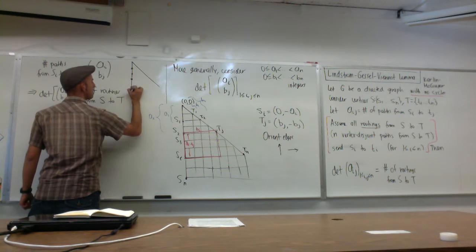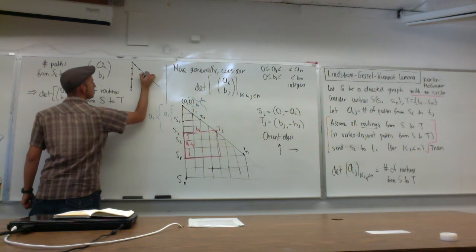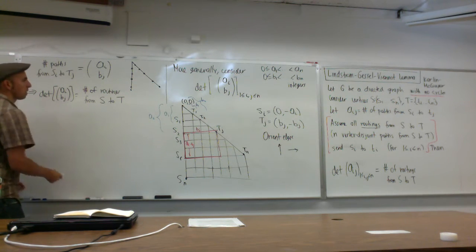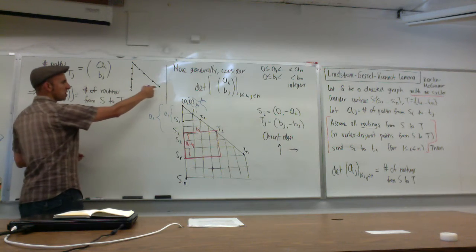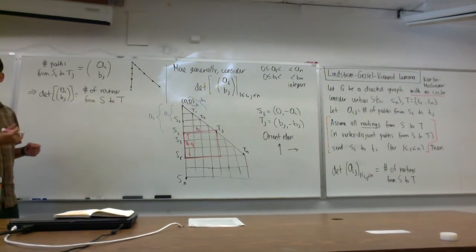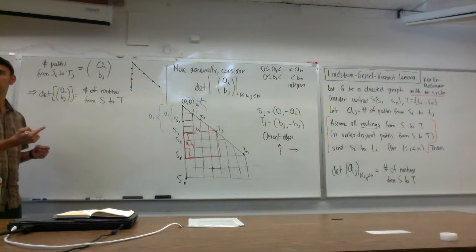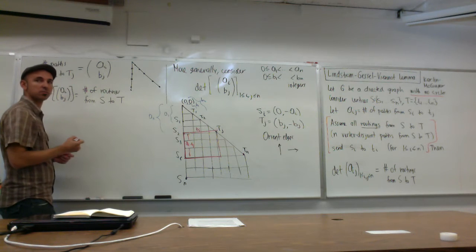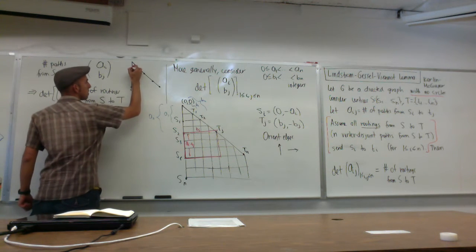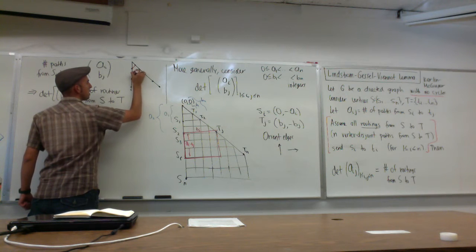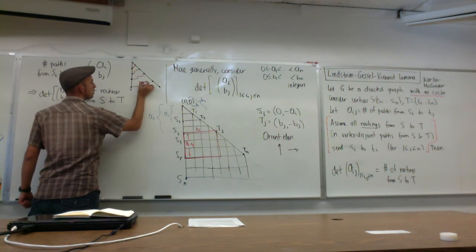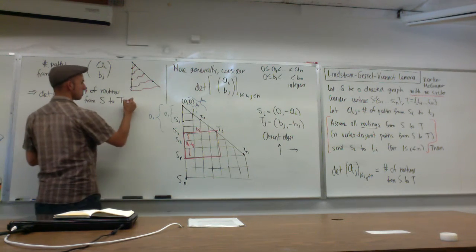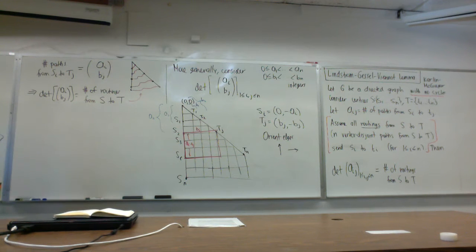Let's say there's 5 of them, and then you also have 5 here. And so what you're doing is you're counting the number of ways of routing these points to these points. And here you can see that you do have to map Si to Ti, right? Because if you map Si to something bigger than Ti, then you're going to have to form a crossing. So you're looking at the ways of walking from here to here, from here to here, like that. And that's precisely what that determinant counts.